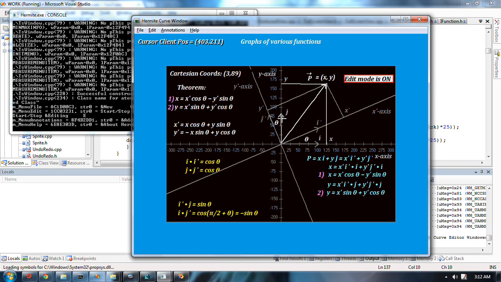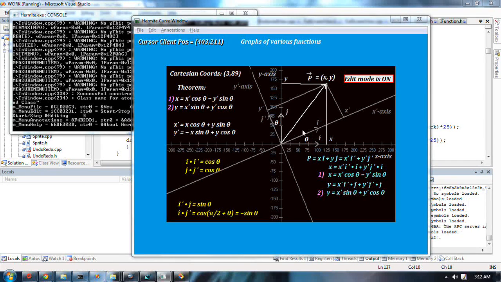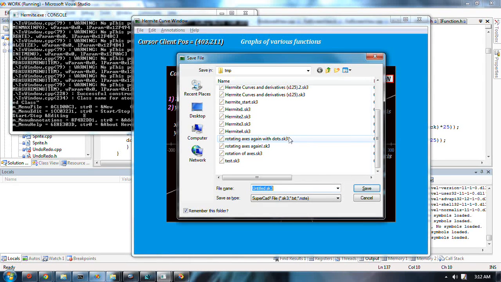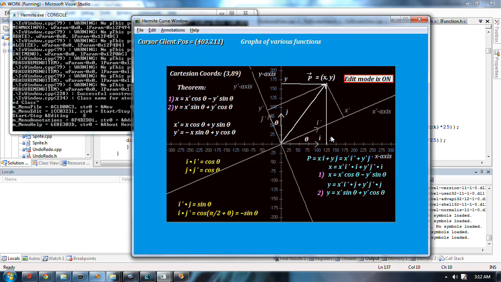Let me save this. This should save fine now. I forgot, and whoops, I forgot. These can't be saved as ANSI.